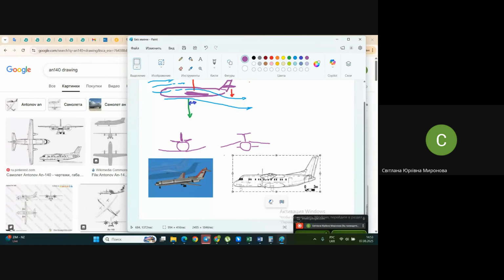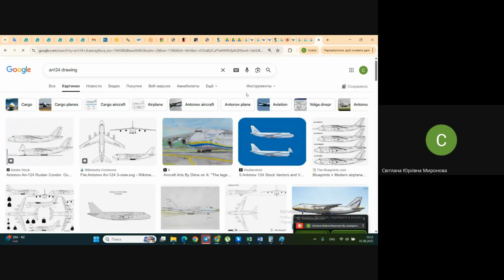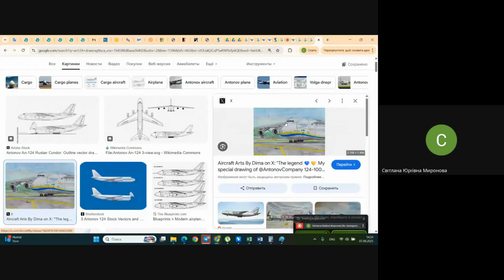Pay attention to the relative position of the wing. Moreover, it may be visible on an Antonov cargo airplane. Oh, look, Ruslan. Very beautiful picture. It seems like the wing starts from the neck immediately. What is here in the picture?